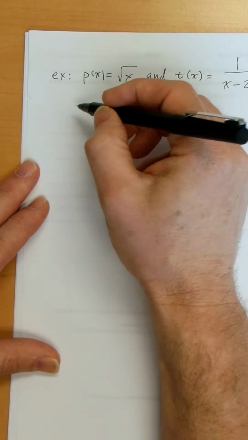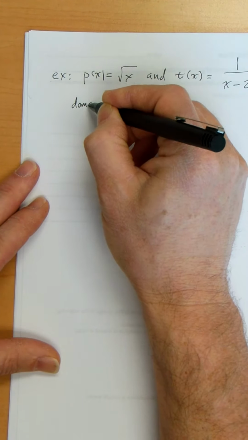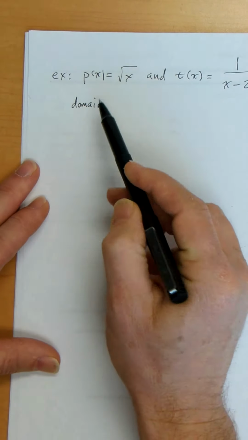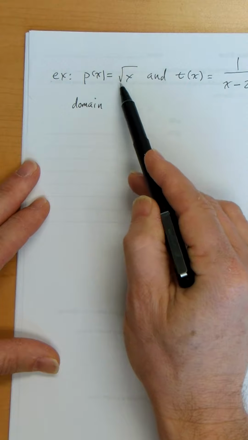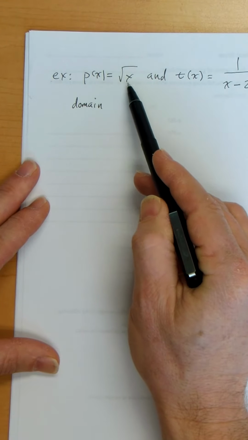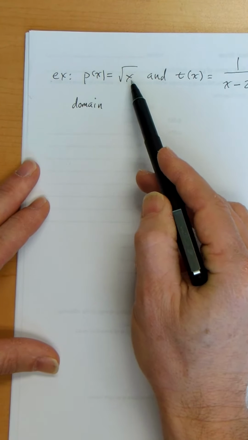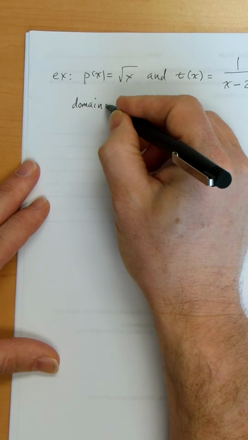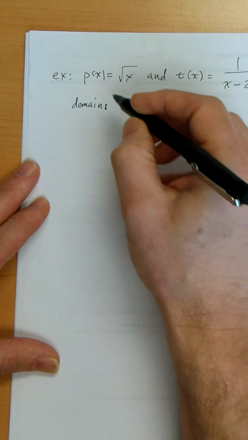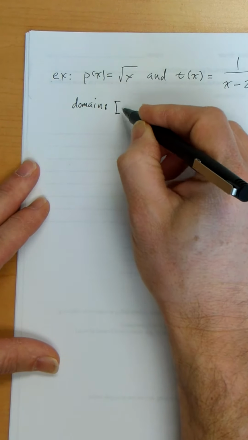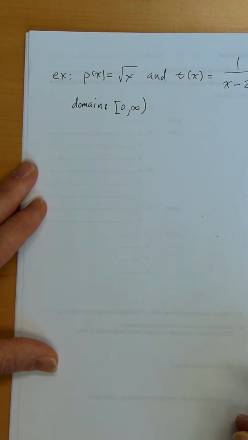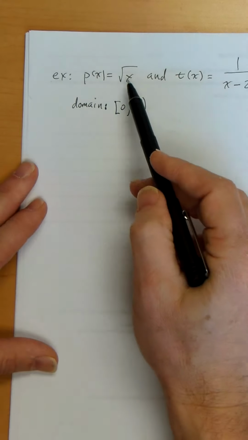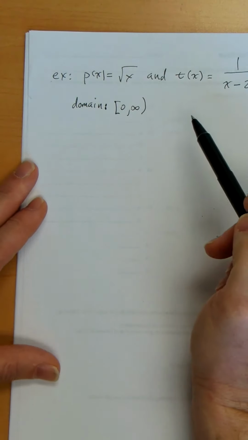Actually, let me note domains before I go on. The domain of p of x, let's see, square root x, I need this input to be non-negative in order for the output to be a real number, right? So the domain of this is going to be 0 to infinity. All non-negative real numbers would work here, 0 or bigger.